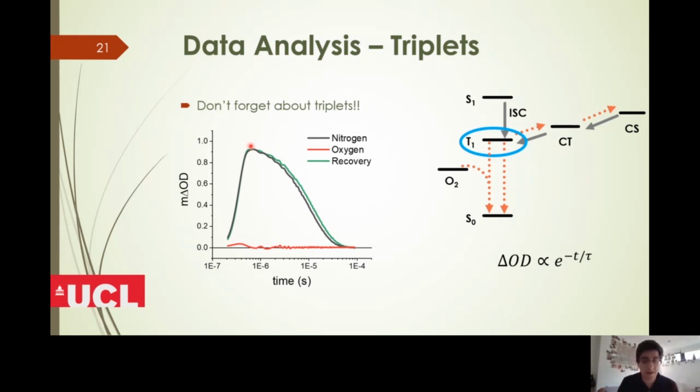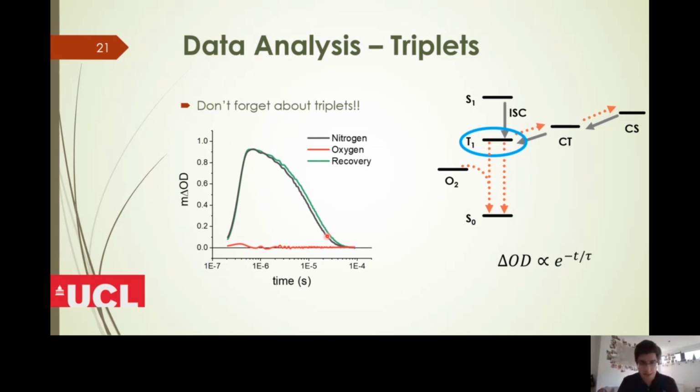As you can see here in this graph, under nitrogen the signal is beautiful, a big signal with a beautiful decay. When you add some oxygen to your sample, the signal gets totally quenched. But when you take out all the oxygen again and put some nitrogen, it goes back and you still have more or less the same signal, both in size and kinetics.